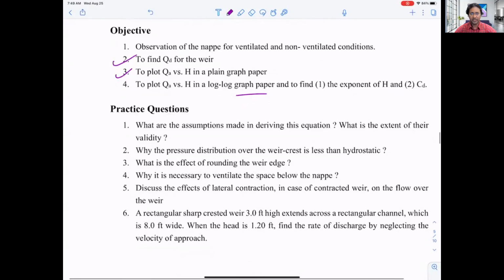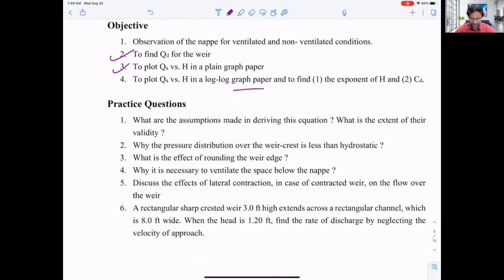And here let me just quickly cover this one. What are the assumptions made in deriving the equation, and what is the extent of their validity? What we did, we assumed that the water surface is horizontal, the pressure distribution is hydrostatic, rho g h, and we neglected the approach velocity at the upstream of the weir, and we even neglected the viscosity and surface tension.